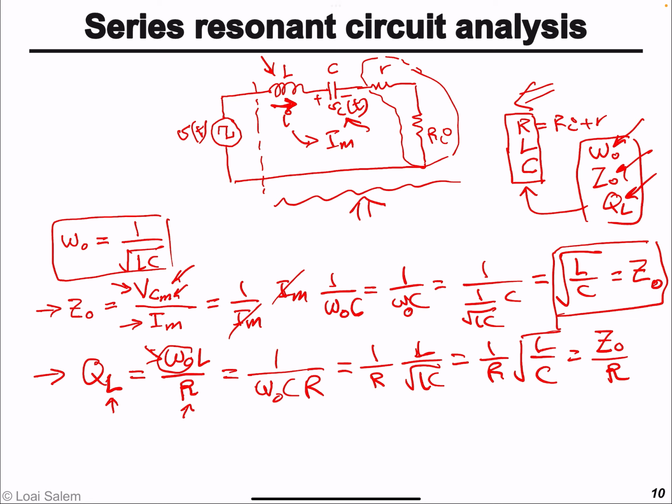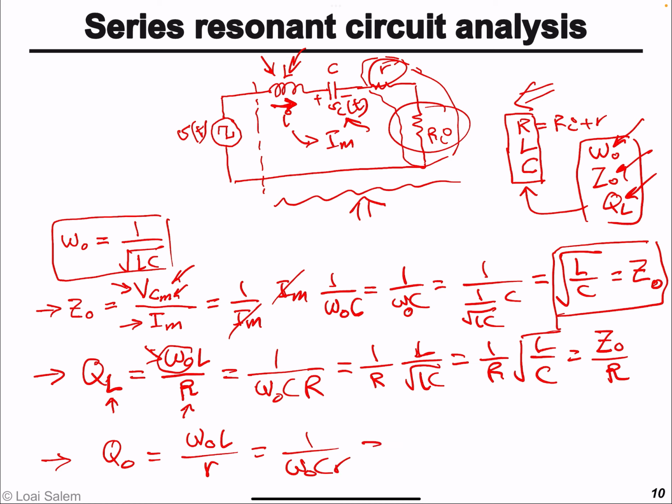So what is the unloaded quality factor? As the name suggests, unloaded means when you remove the load, what will be the quality factor? The unloaded quality Q node, in terms of the inductor, will be omega node L divided by R small. In terms of the capacitor, it will be omega node C R small.